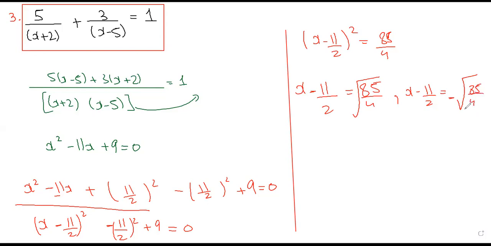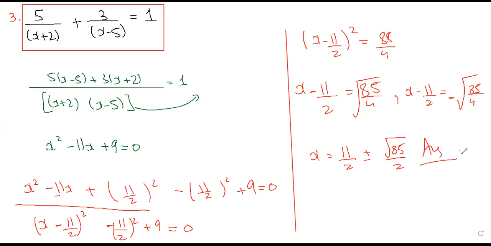Finally, you can simplify this, and it is going to give you x equals 11 by 2 plus minus root 85 by 2. Now you can just take 1 by 2 out, and that is it.